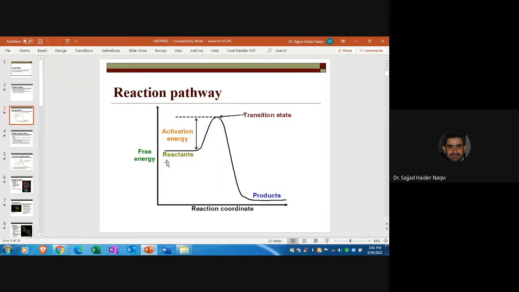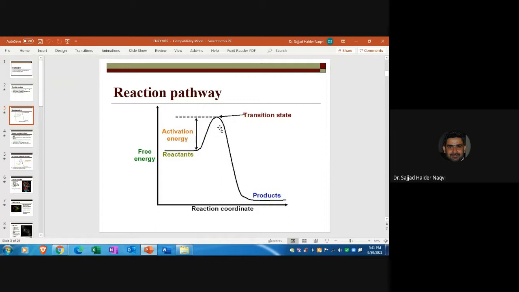Now, in order to go from the reactant to the product, you can see that a particular amount of energy is needed. This amount of energy needed to transform those reactants to the transition state, I refer to as activation energy.